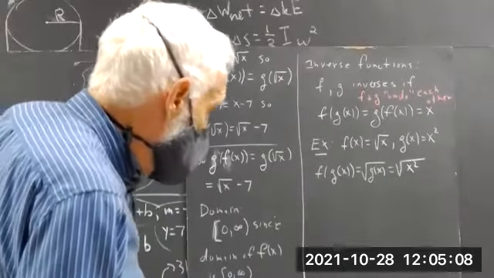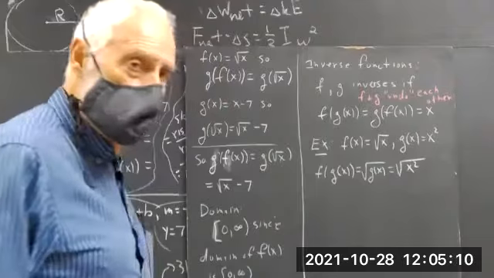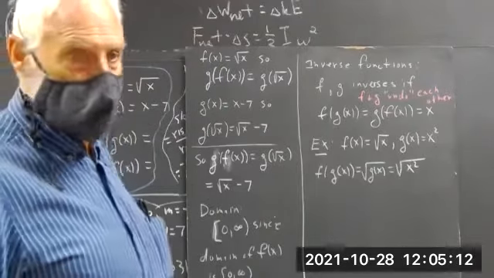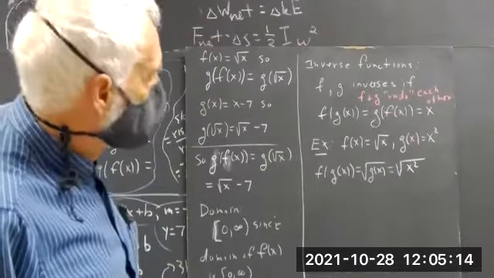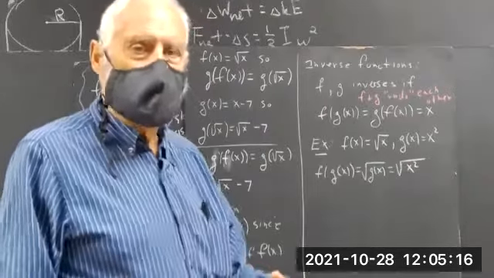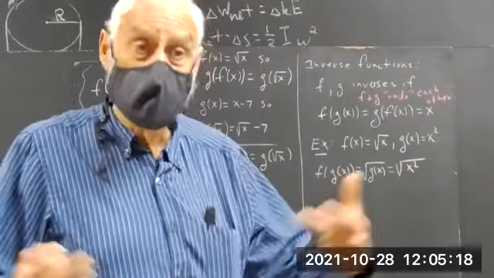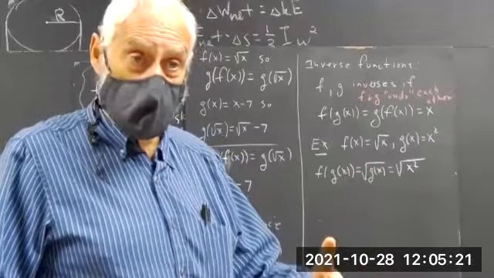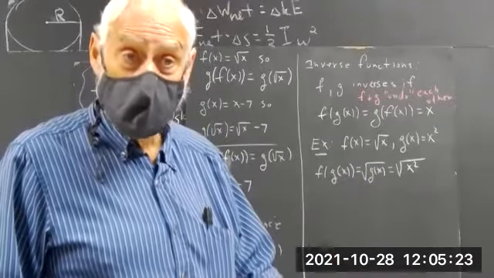Now there's a little complication here because the square root of x squared isn't necessarily x. Like, if x is -3, what's x squared? It's 9. What's the square root of 9? It's 3, not -3. Okay?